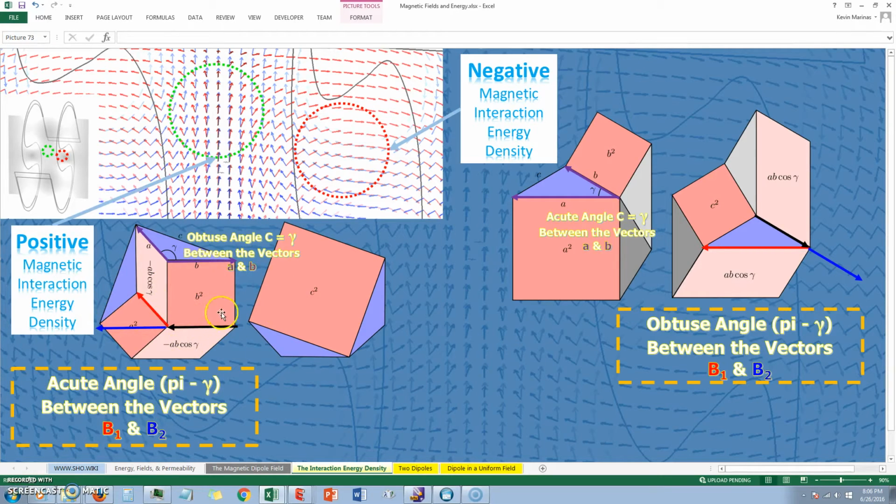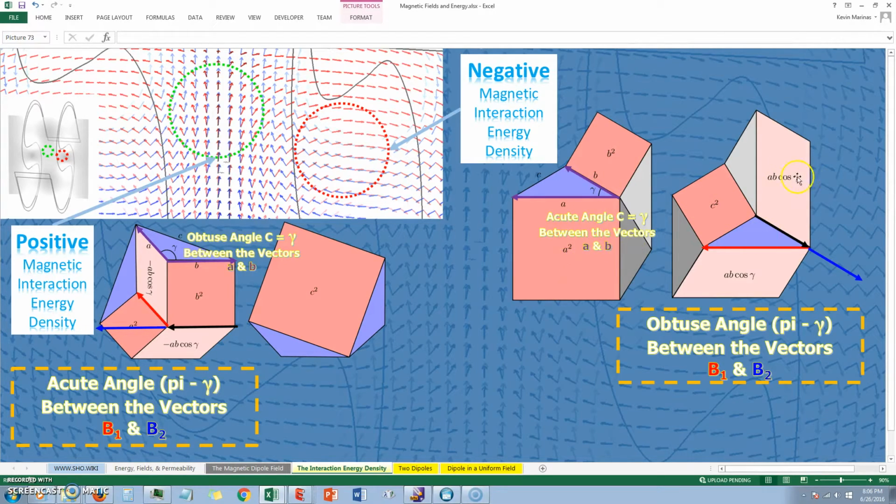So, again, here on this side, the whole, c squared, is greater than the sum of the parts, a squared and b squared. The difference being the areas of these two parallelograms. However, for the case of negative magnetic interaction density, this whole is less than the sum of these parts.